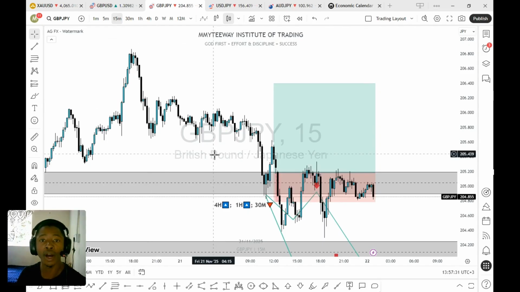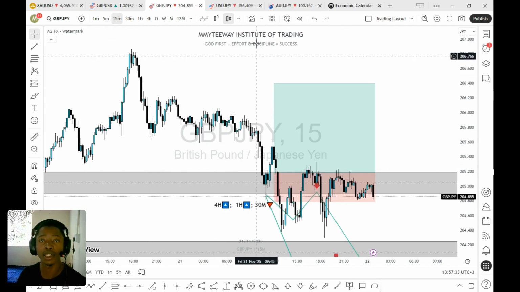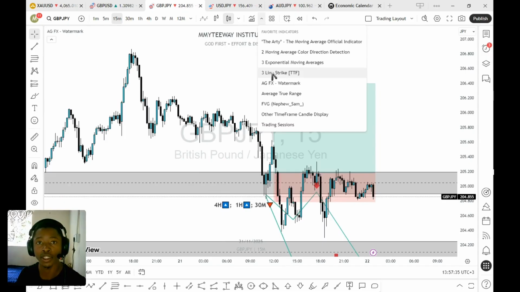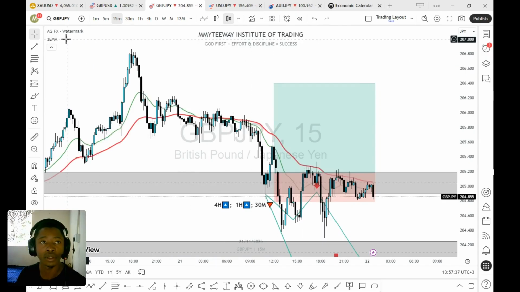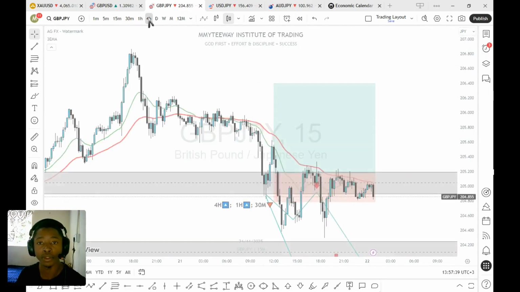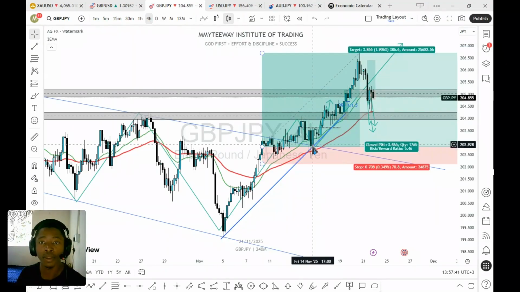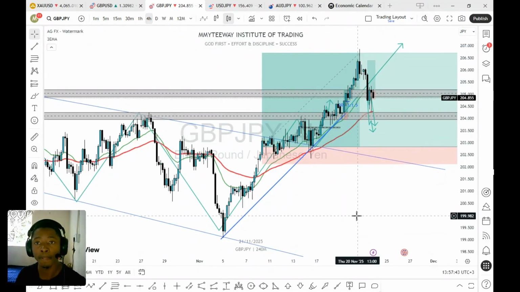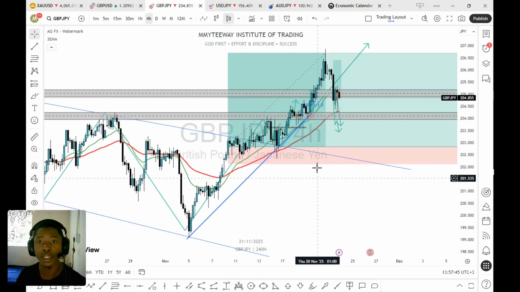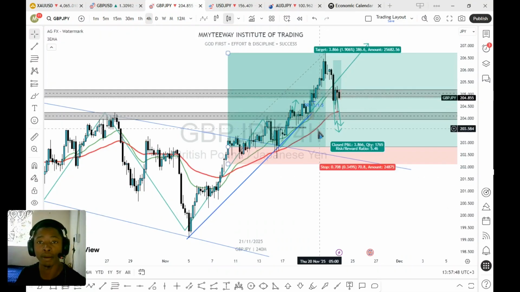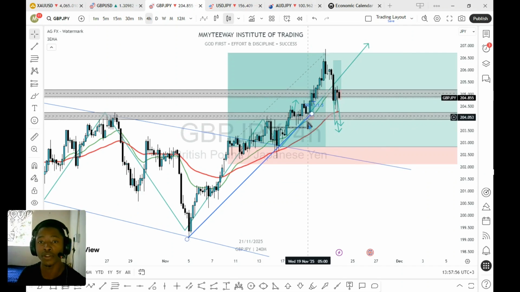In the 4 hour, at this point in time when I enter, if we look at our strategy, looking at the exponential moving averages, we can see that they were facing downwards, because the slower moving average was below the faster moving average.